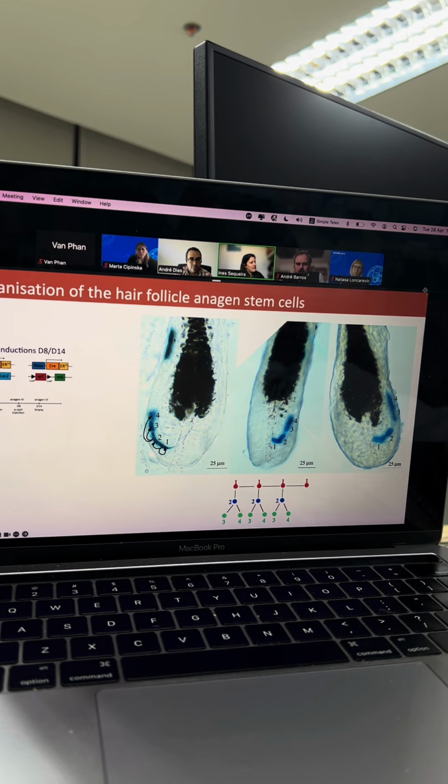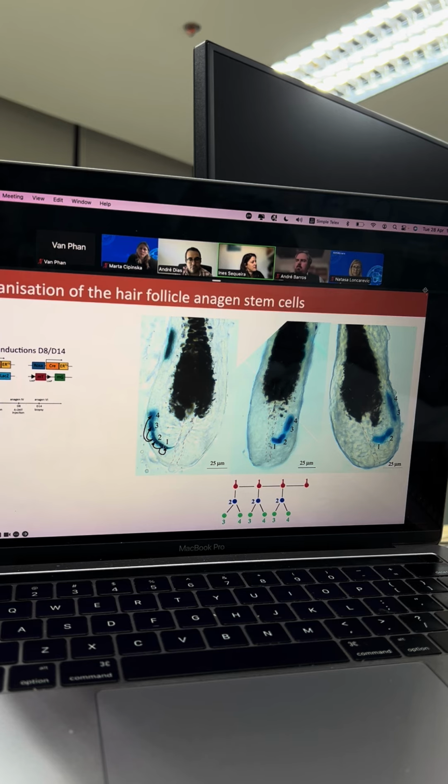So you have 2 doublets of one progenitor, of one transit amplifying cell, followed by doublets of another one that was not labeled. And we tried to do this with the confetti as well at some stage, but it was not clear to see all this organization because some of the markers are nuclear in the confetti, so you lose the shape of the cell, and then you don't know who is who, basically, in terms of the lineage.